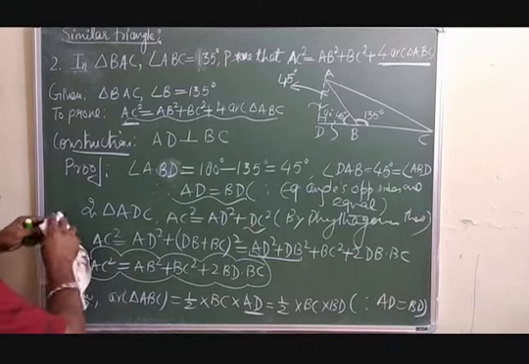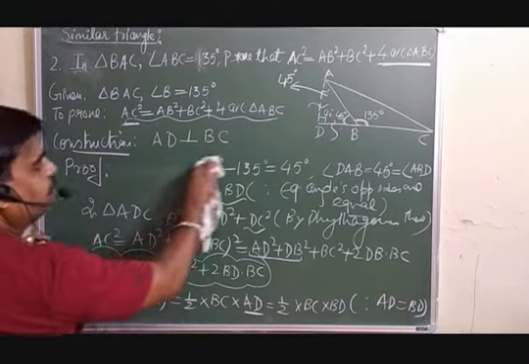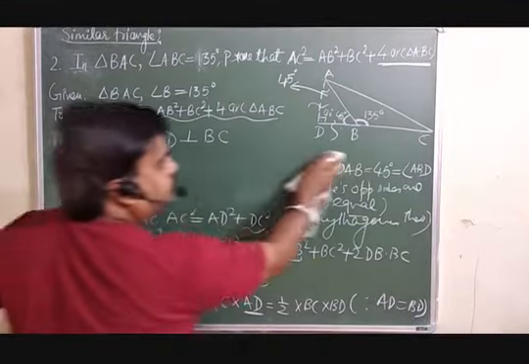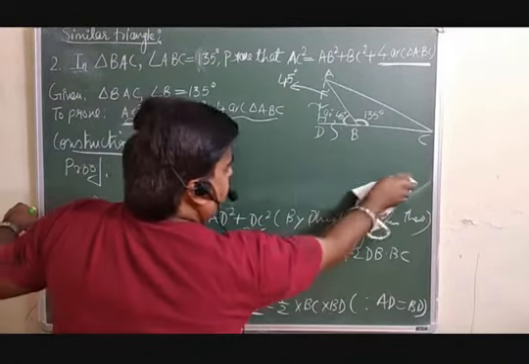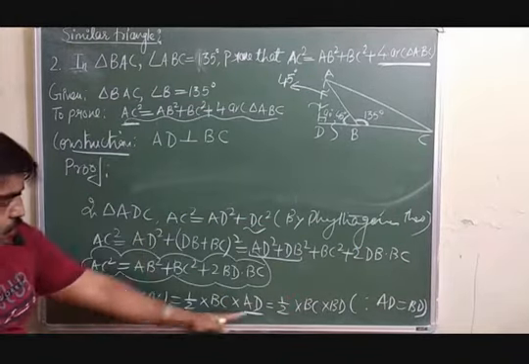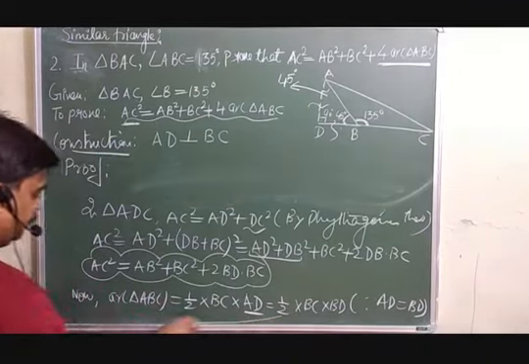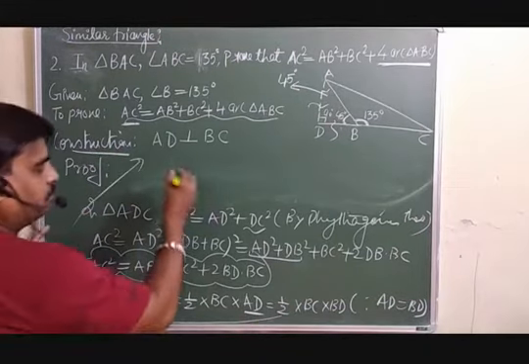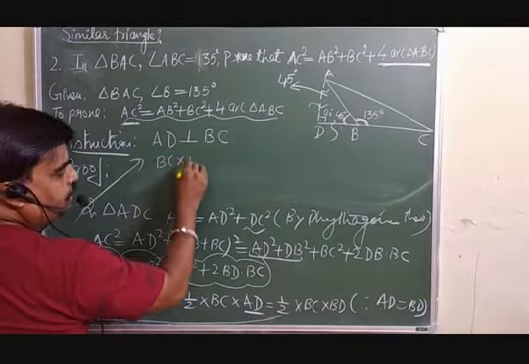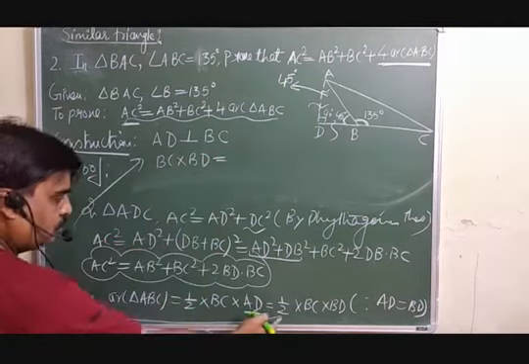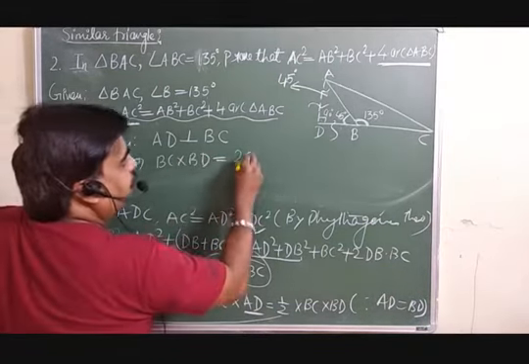Now the value of BC into BD you can calculate from here only. So look at here now. I'm going to rub this one. So from here you can write down BC into BD is equal to twice the area of triangle ABC, where 2 will be multiplied.